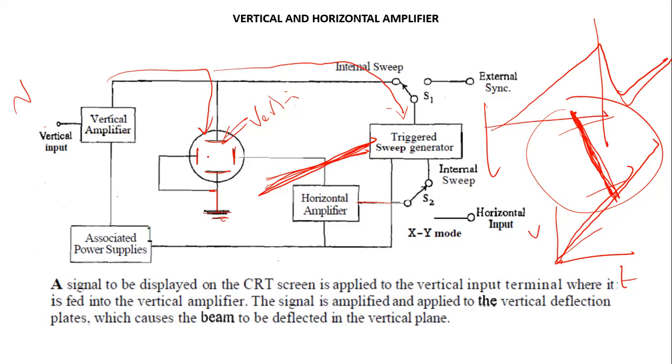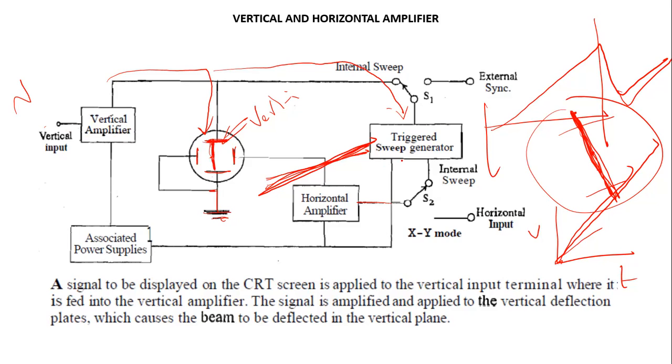As it increases the voltage applied on this, what will happen is that instead of the cathode ray beam going up and down vertically, depending on the signal given here, the vertical deflection plates will only enable the cathode rays to travel up and down.